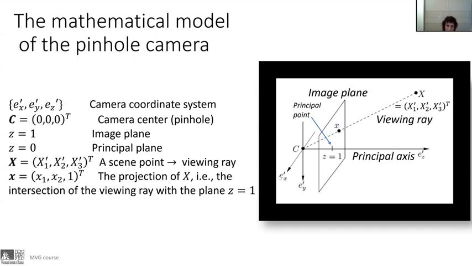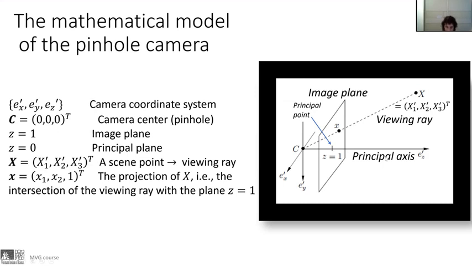So in general, you have a camera coordinate system denoted here by EX prime, EY prime, EZ prime. The camera center is located in the origin. This is the pinhole. The image plane is located at Z equal to 1. The line from the camera center perpendicular to the image plane is called the principal axis.